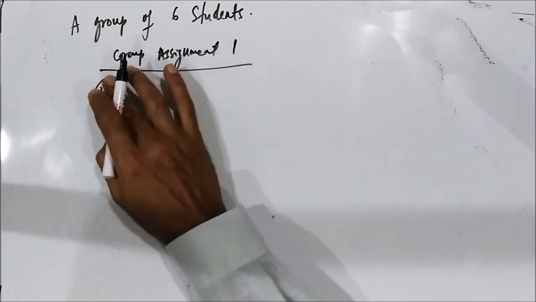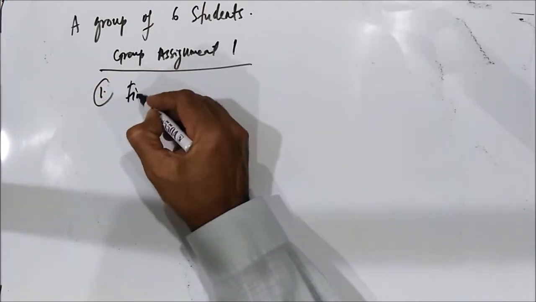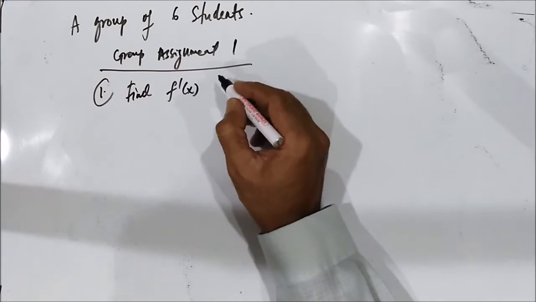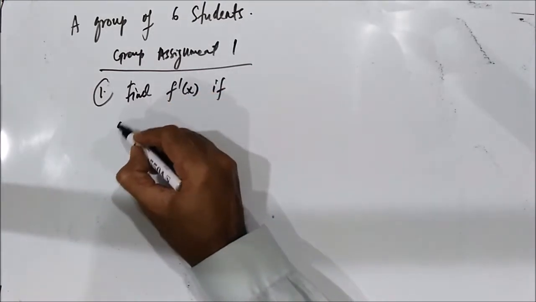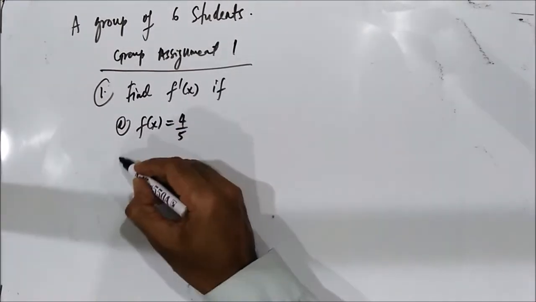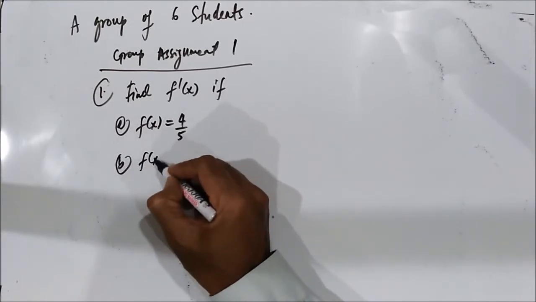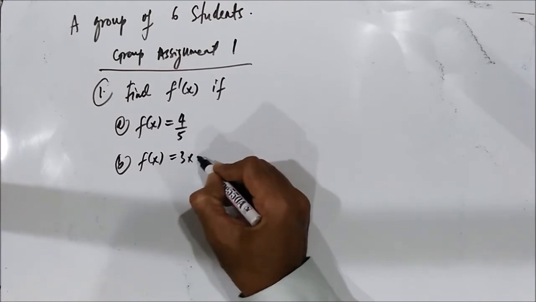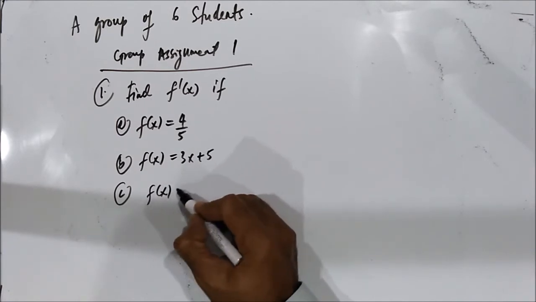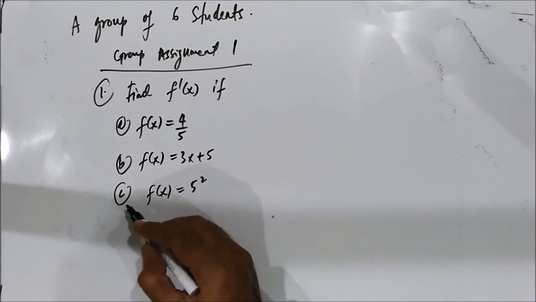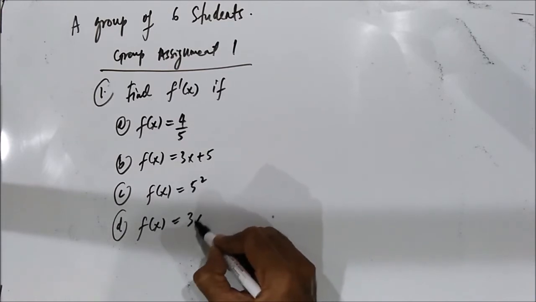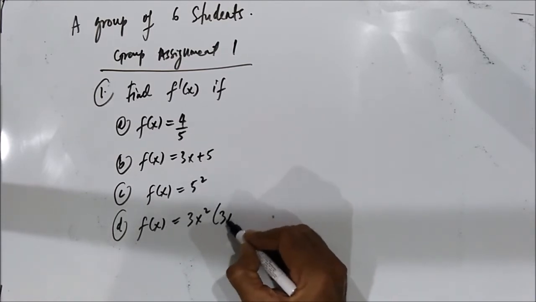Find f prime x or dy/dx if A, f(x) equals 4 over 5, B, f(x) equals 3x plus 5, C, f(x) is equal to 5 raised to 2, then D, f(x) equal to 3x squared multiplied by 3x minus 2.